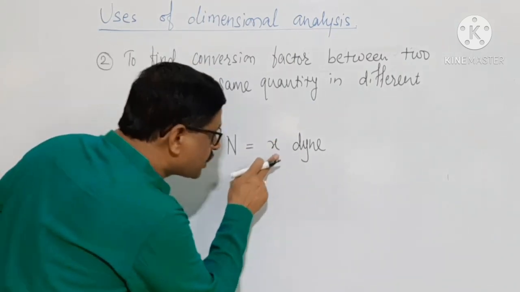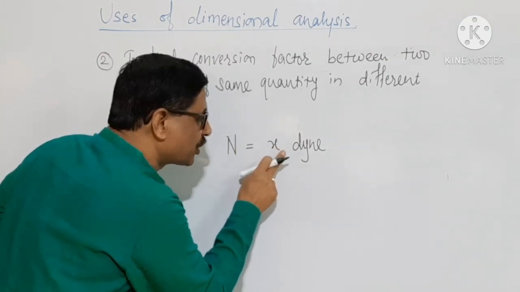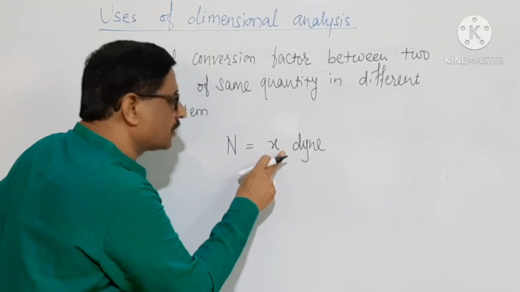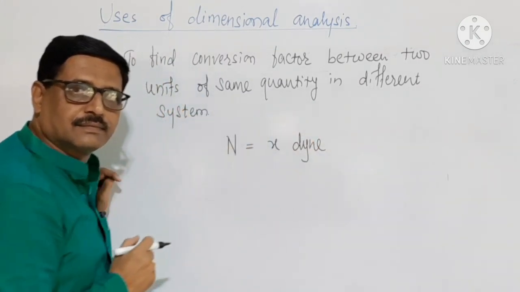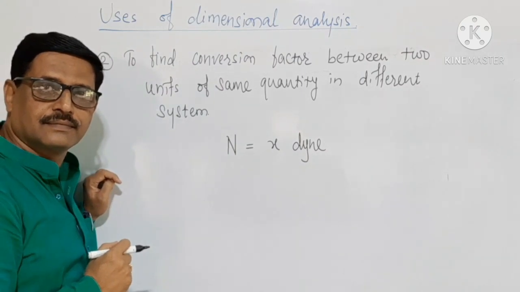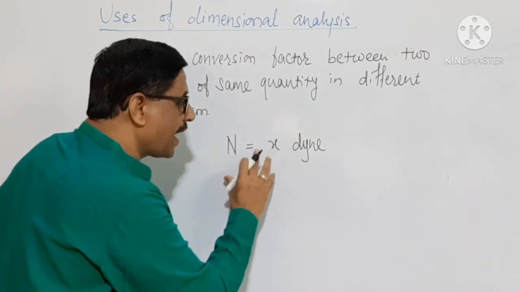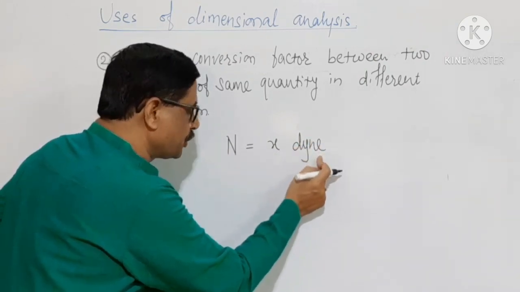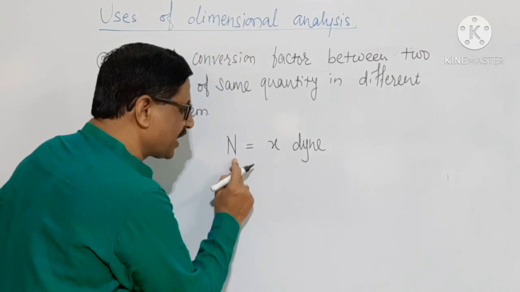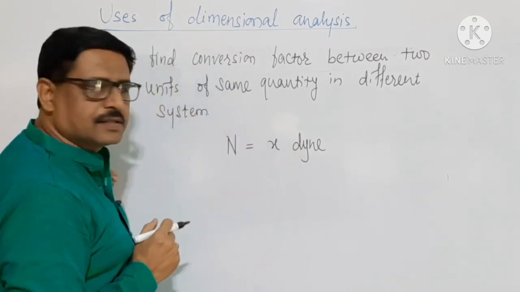Here, x is the multiplication factor or conversion factor to convert Newton into dyne. The force is the physical quantity and it has two different units in two systems, dyne in CGS system and Newton in MKS system, and the conversion factor between these two is x.